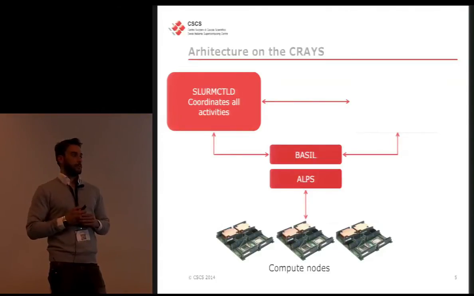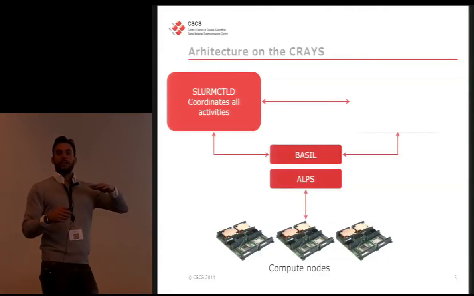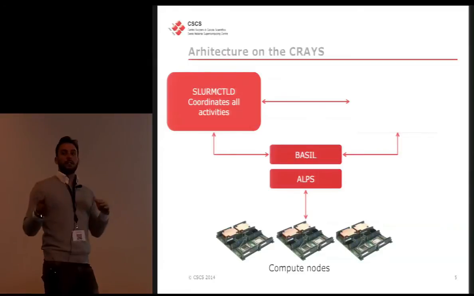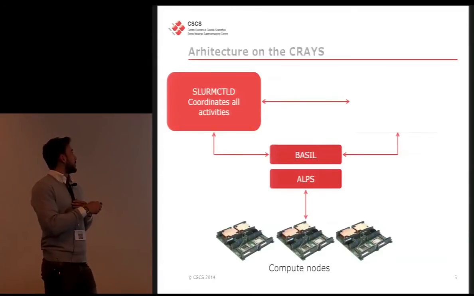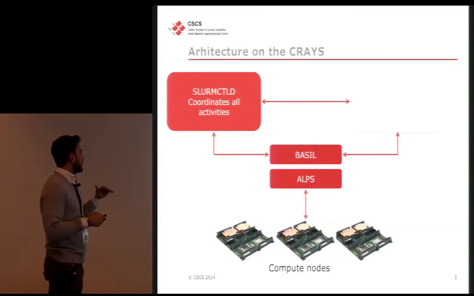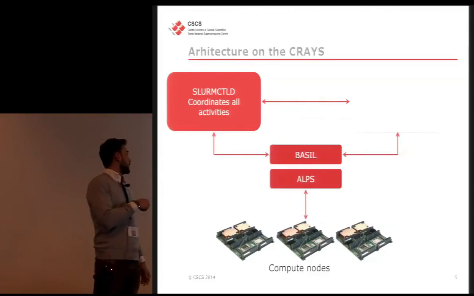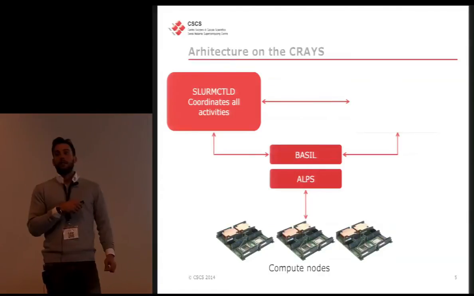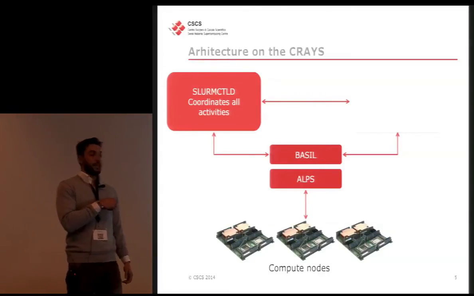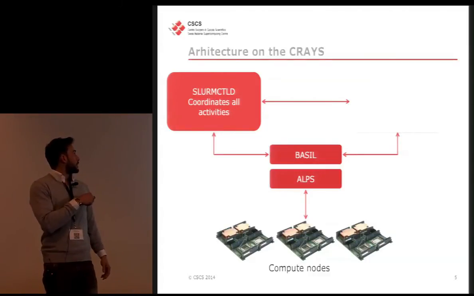It's an application scheduler, and it's not completely dependent on other schedulers. So that's why we build SLURM on top of it, and Cray provides this interface called BASIL, which is the Batch and Application Scheduler Interface Layer. It's an XML interface, so SLURM will constantly talk with ALPS through this interface.